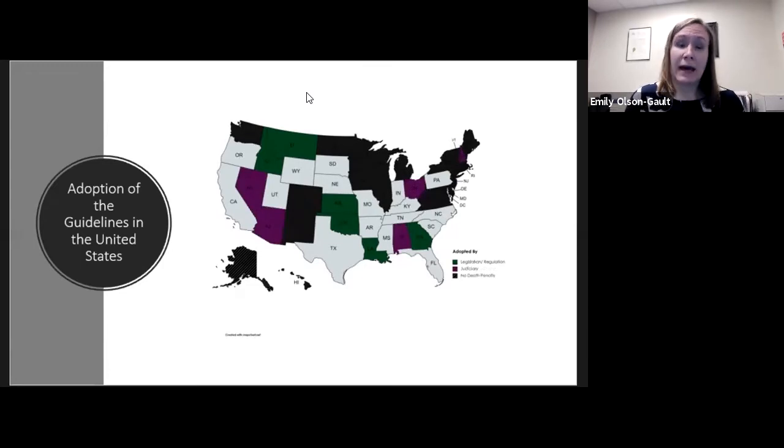In addition to that, 5 states have adopted the guidelines in whole or in part through the decisions of state courts. And Robin mentioned one of these, which is Arizona. And this is another very meaningful way that the guidelines can be adopted, because once the state court rules that the lawyers have to comply with these standards, then there's a way to enforce it.